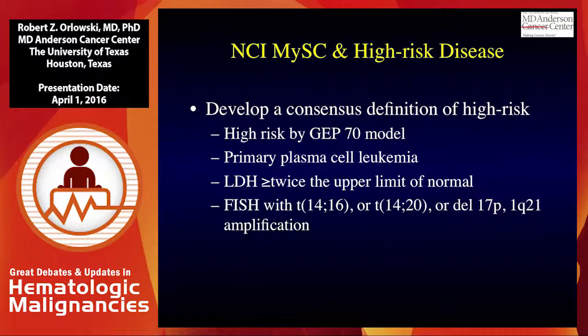If you have primary plasma cell leukemia, if you have LDH that's at least twice the upper limit of normal, or if you have any one of those FISH abnormalities, most commonly it's going to be deletion 17p or 1q21 amplification. The others are relatively uncommon.